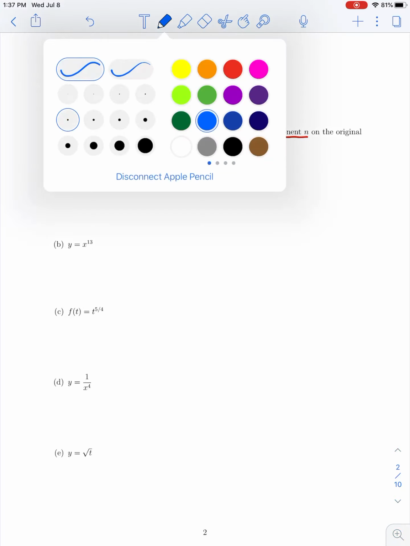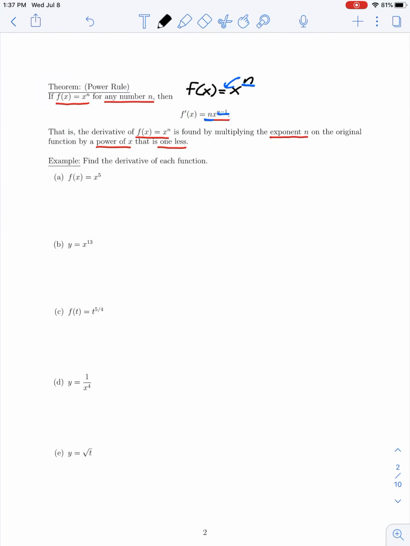So let's look at some examples of this. So in part A, we're asked to find the derivative of f of x, which is x to the fifth. So using the power rule, we have f prime of x would be 5 times x to the 5 minus 1 power, or 5x to the fourth power.